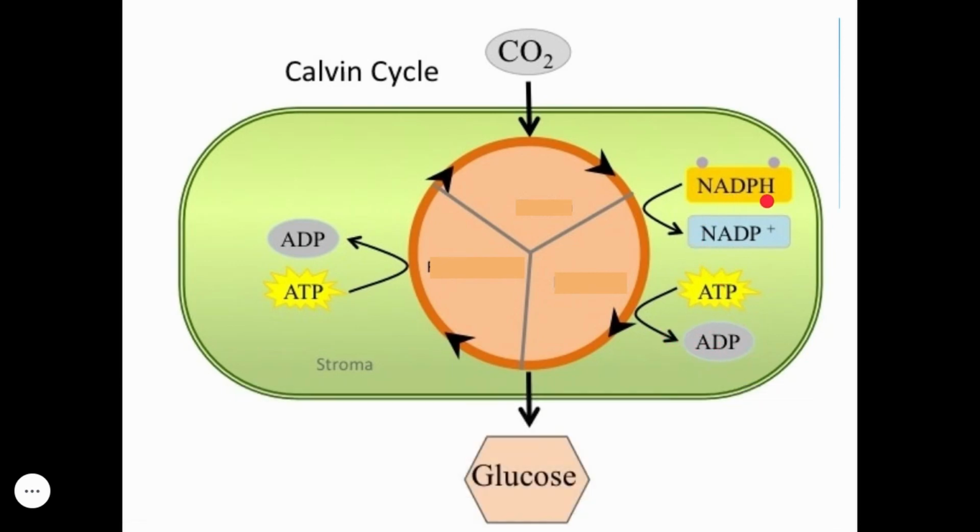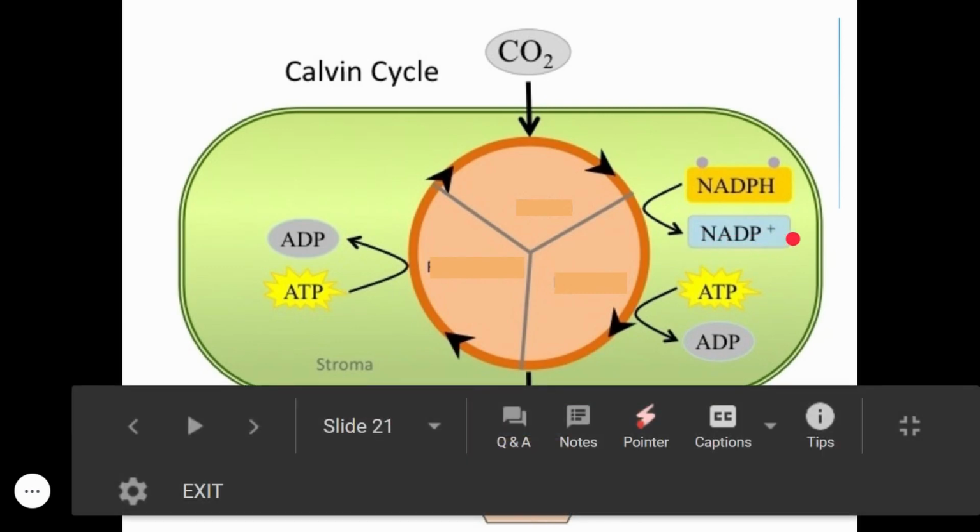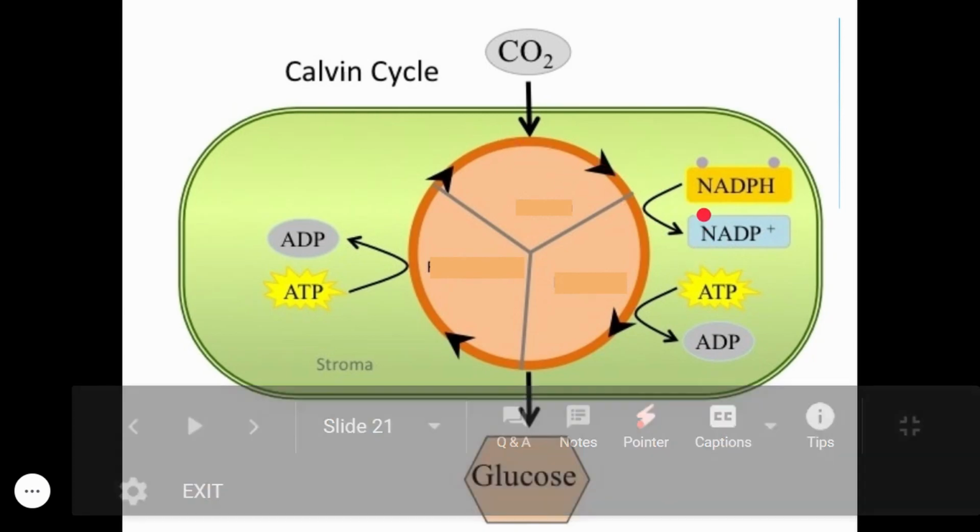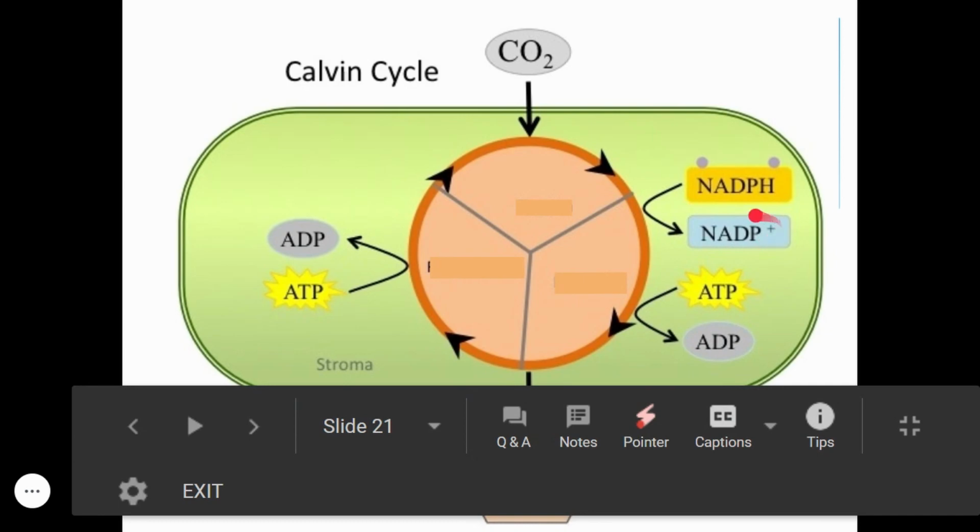And NADPH, when the energy is all used up from it, converts back to NADP plus. Okay? So just remember that when we use NADPH, it's going to become NADP plus. When we use ATP, it's going to become ADP.